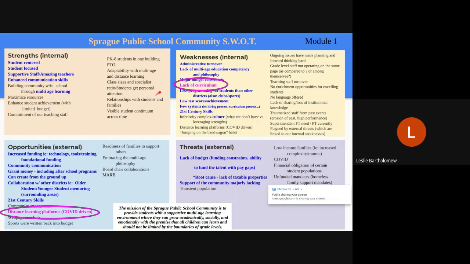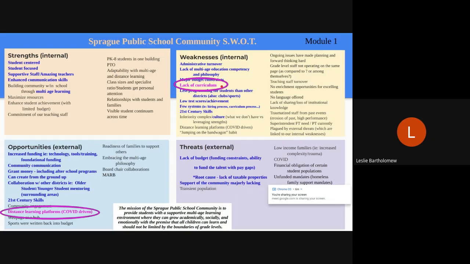So one other way to do this is what I call the art of the TOWS analysis and strategic planning in general: sometimes things just pop out to you. One thing that popped out to me was the lack of curriculum. As I heard you speak, I heard that that was a concern. And to me, there were actually a couple of opportunities that could help to mitigate that weakness.